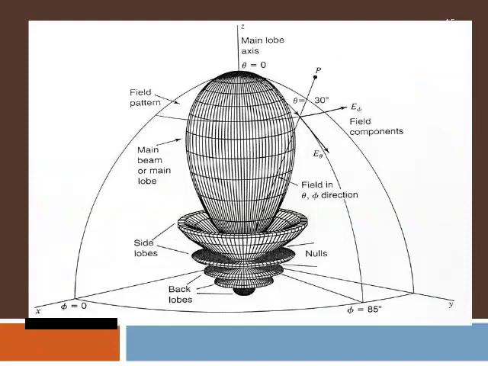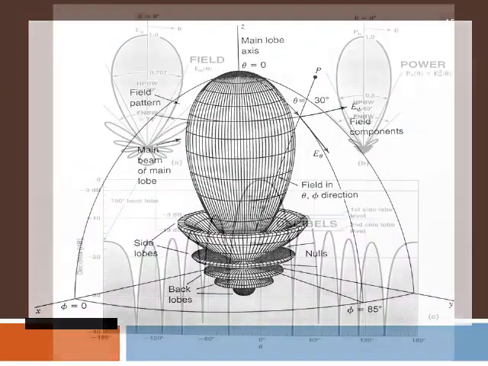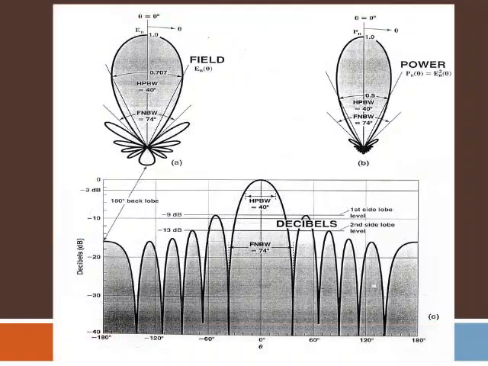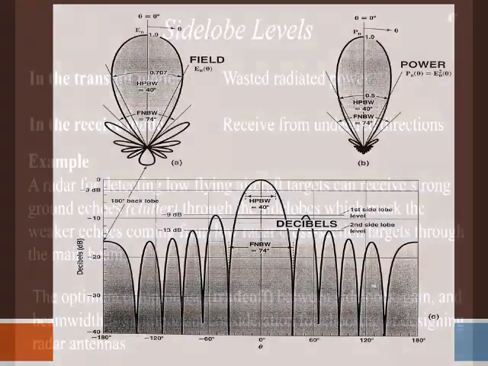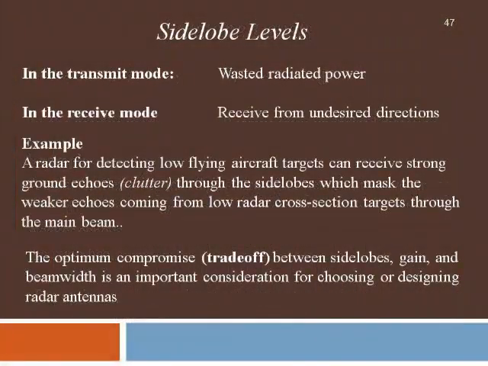We are going to see what these patterns are in two different planes, and a rectangular chart of this radiation pattern along with the main lobe and side lobes is shown in this diagram. In this, we have side lobes coming up, and what are the problems we have with these side lobes? We shall see now. In the transmit mode, the power is wasted through these side lobes.